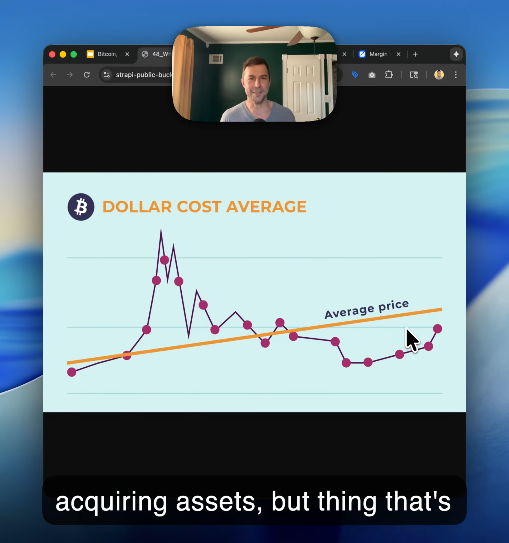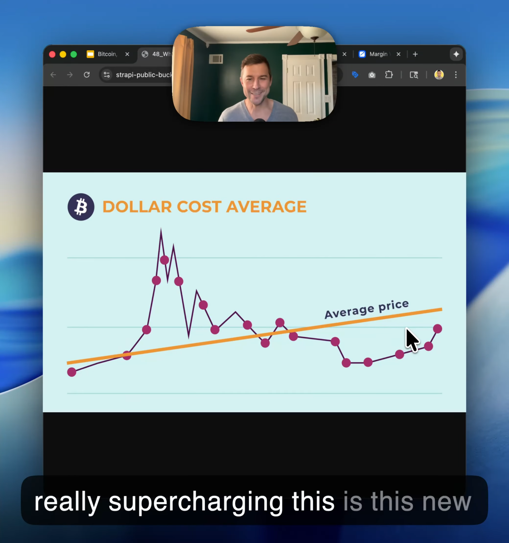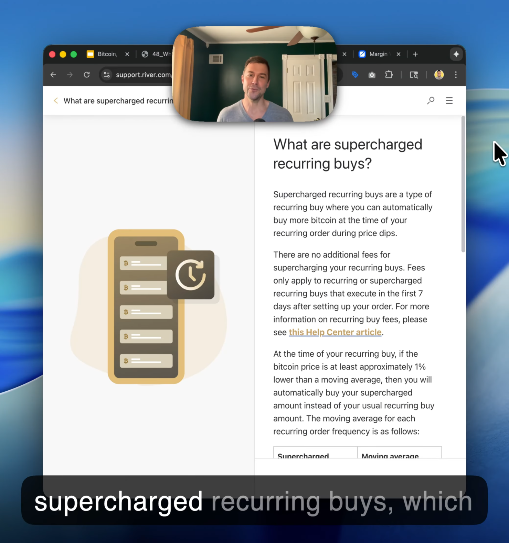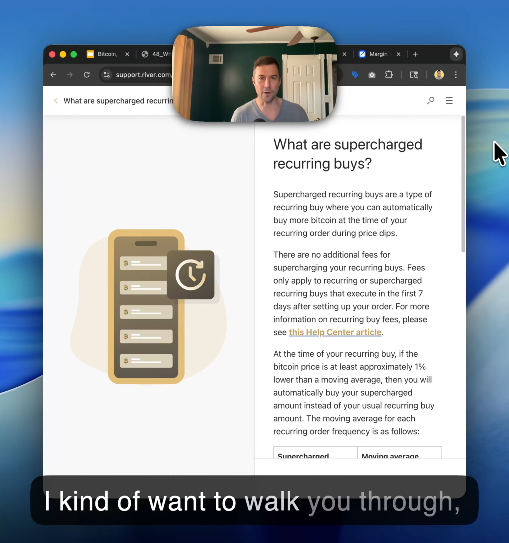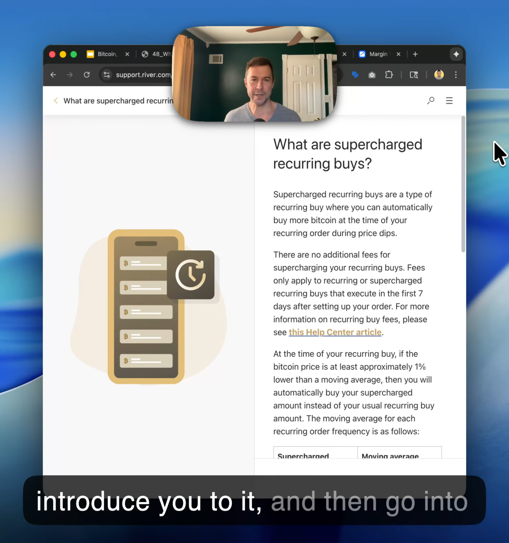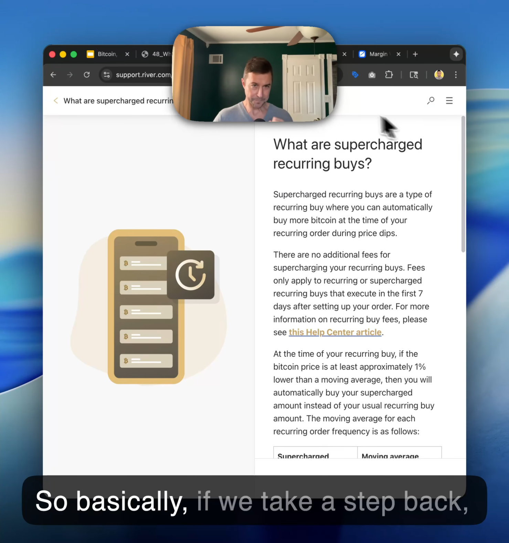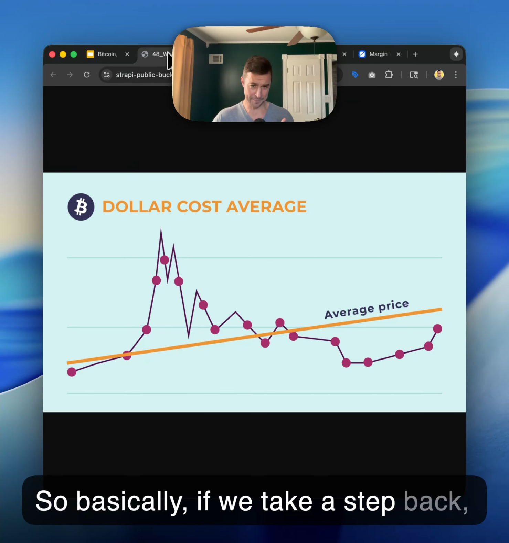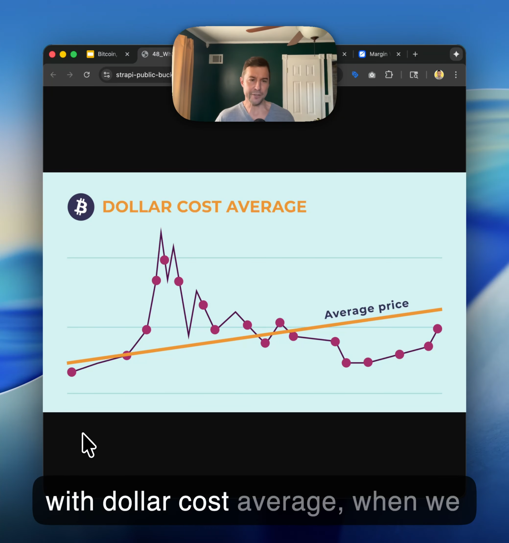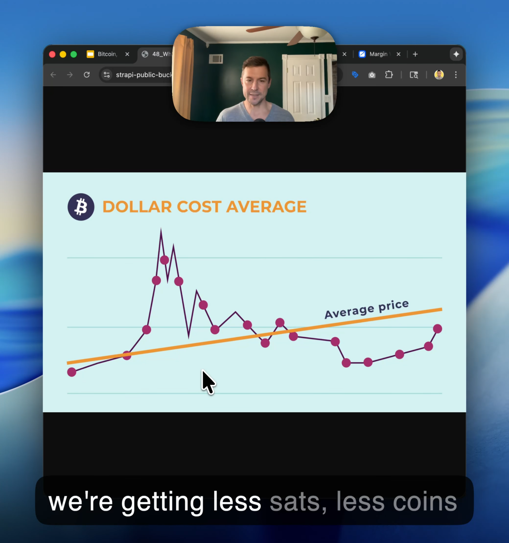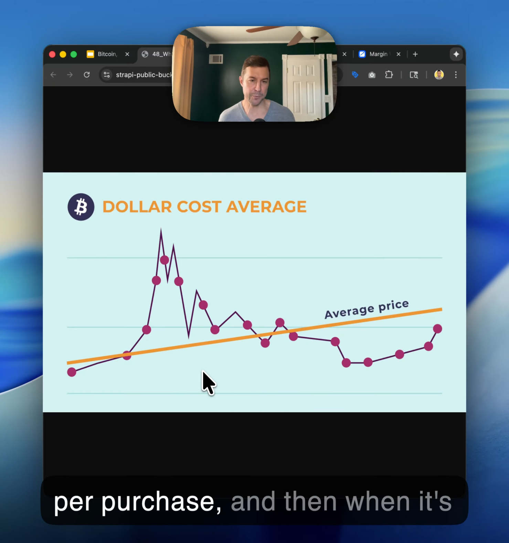But one thing that's really supercharging this is this new feature from River where they have Supercharged Recurring Buys, which I want to walk you through, introduce you to it, and then go into some modeling here. So basically, if we take a step back, with dollar cost averaging, when we purchase and the price is high, we're getting less sats, less coins per purchase.